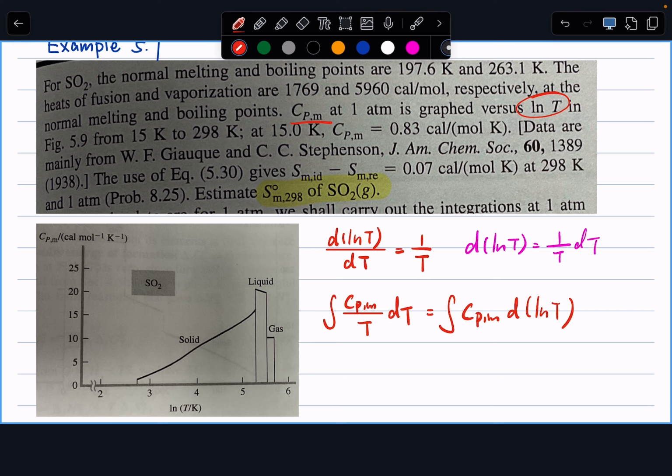And what else do we get from here? The integral, you can vaguely think about it as a measurement of the area below the curve.